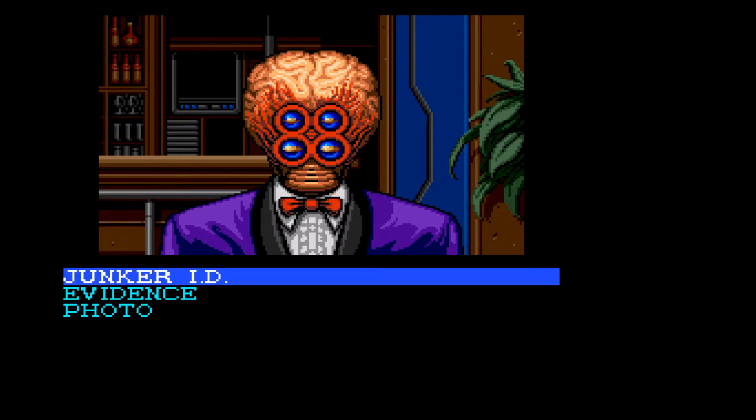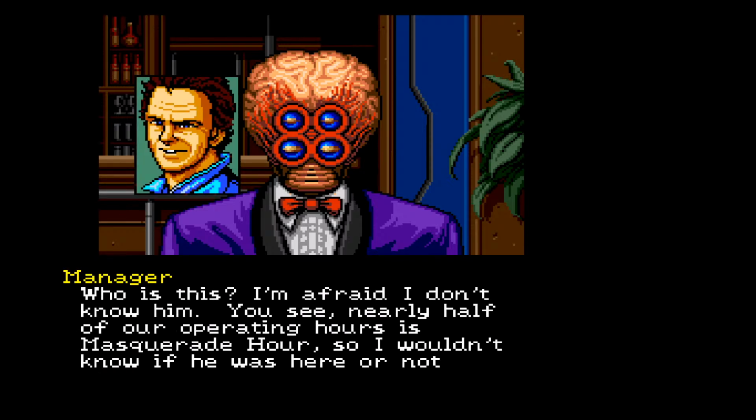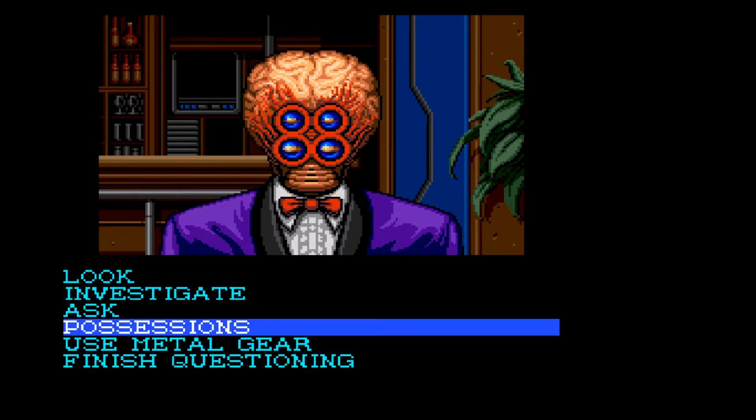Possessions, show, photo. Gibson's photo. Oh, right. I wonder if Gibson has to have a mask at the house.